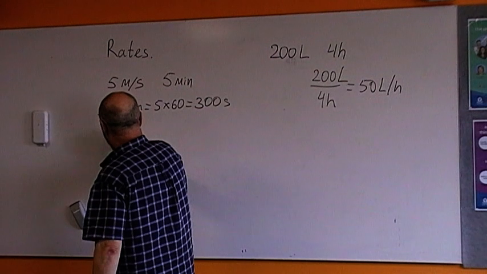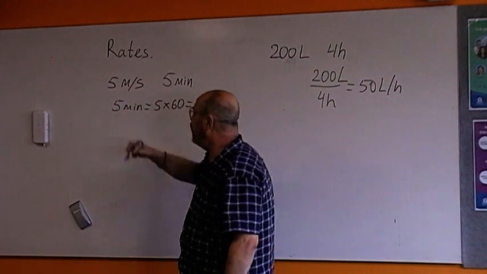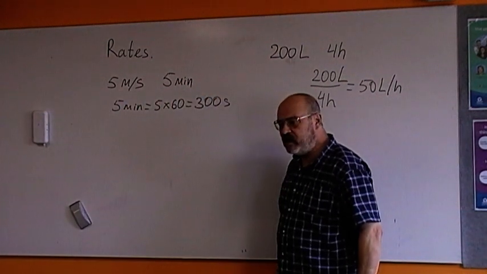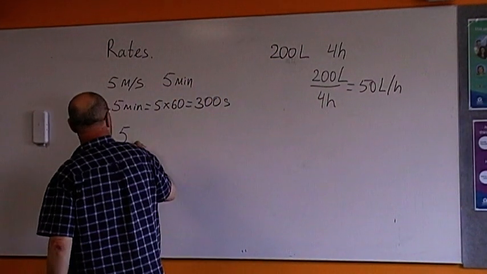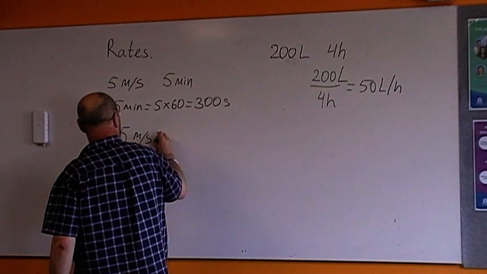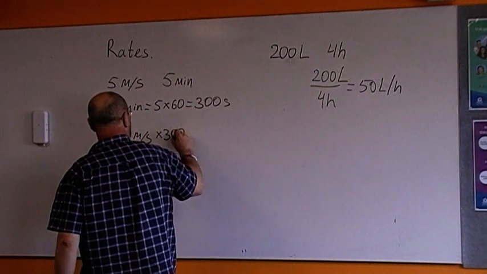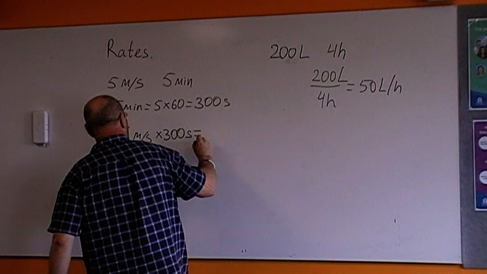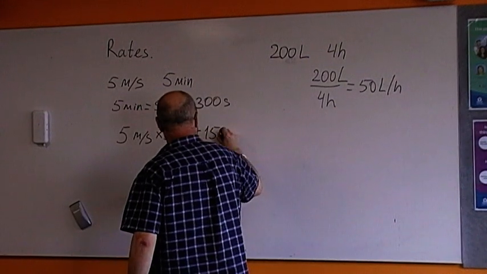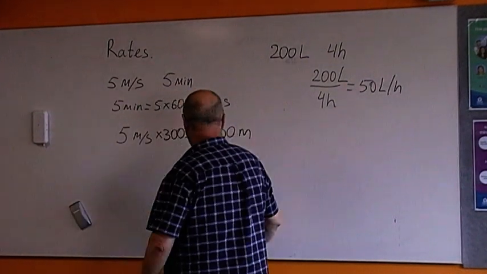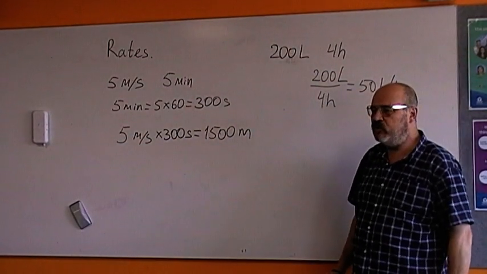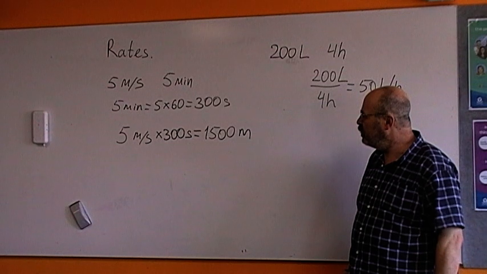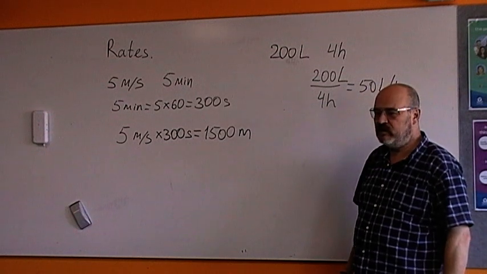If in 1 second he runs 5 meters, then to find how far he went, we multiply 5 meters per second times 300 seconds, which is 1,500 meters. 1,500 meters in 5 minutes. Pretty good run.